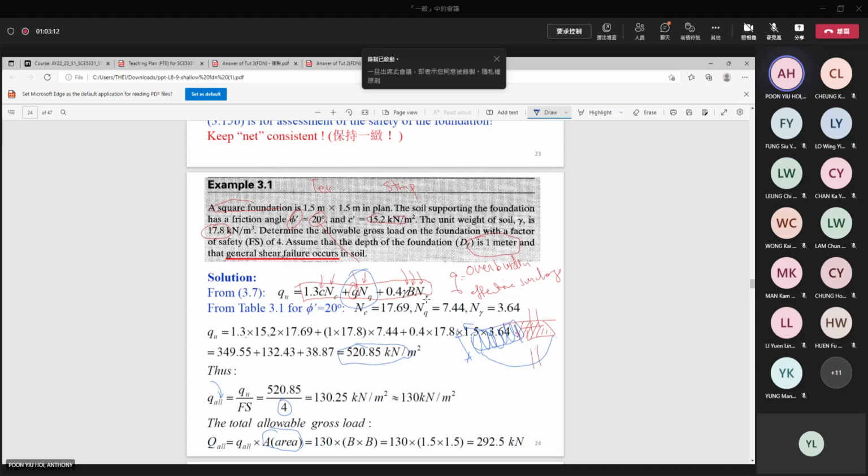The area of the foundation is 1.5 times 1.5, so we can calculate the force that it can support. If this is the column, then this column can support 292.5 kilonewton. And this foundation is 1.5 by 1.5 meter.